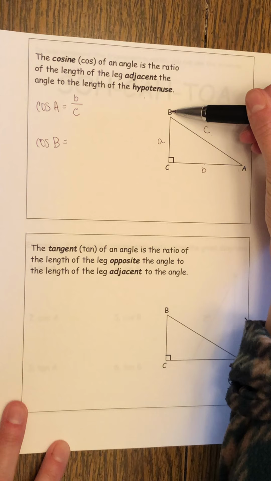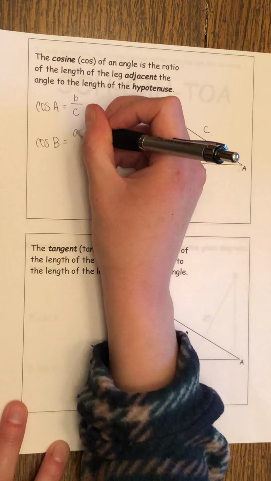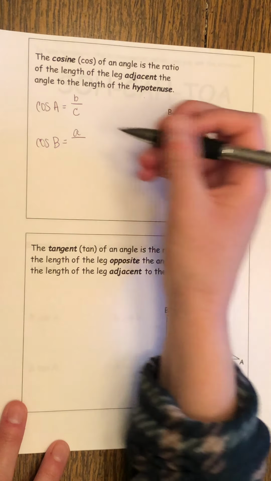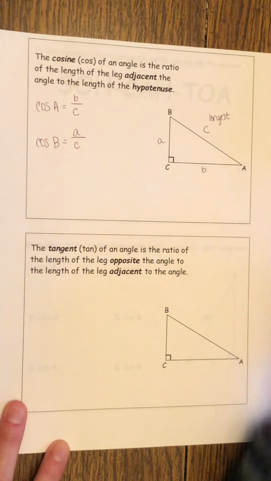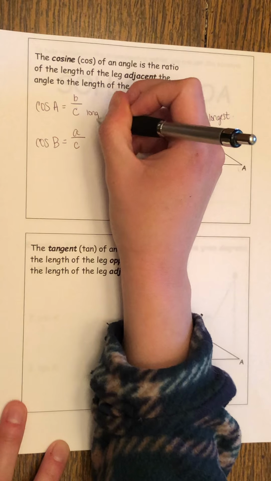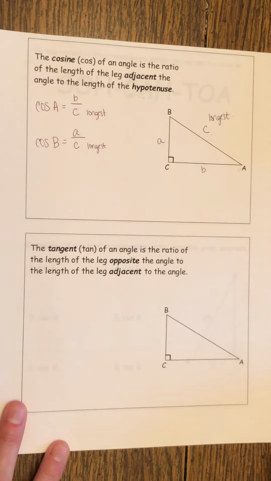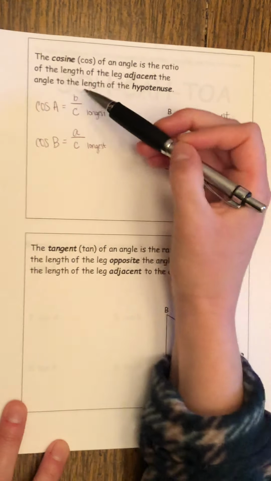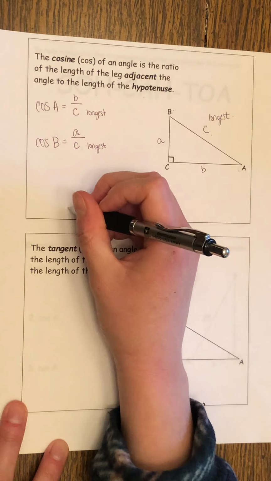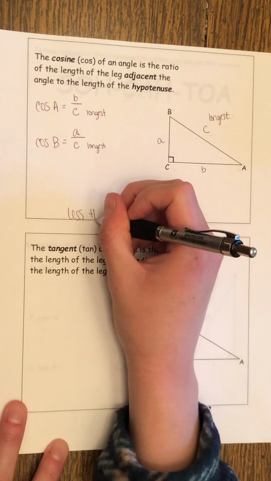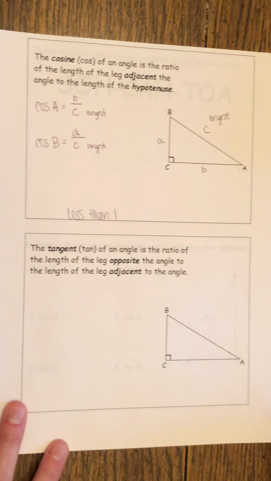The adjacent leg to angle B is leg lowercase a over the hypotenuse, which hasn't changed, which is C. Again, the hypotenuse is always the longest side length in a right triangle, so the legs are always going to be smaller than the hypotenuse. So again, cosine, this ratio, is always going to be less than 1, between 0 and 1.